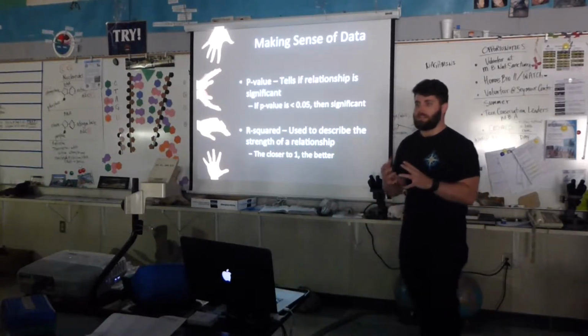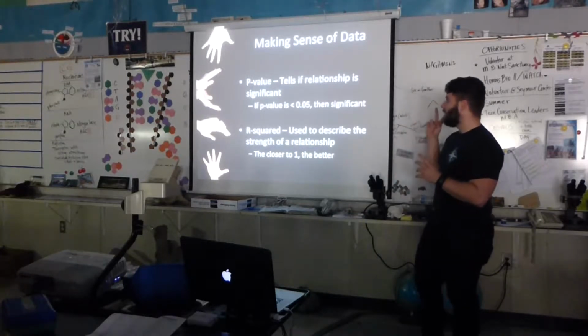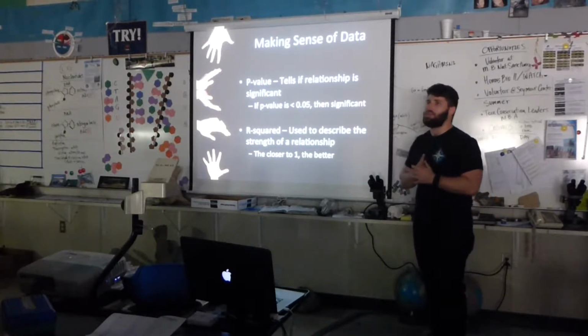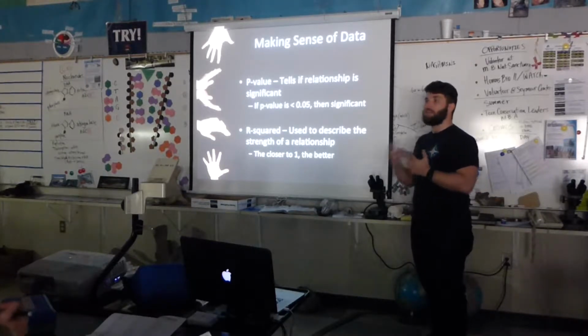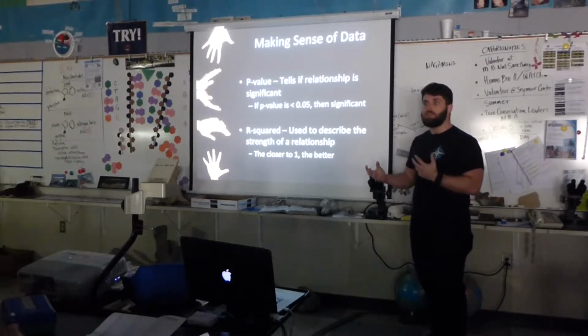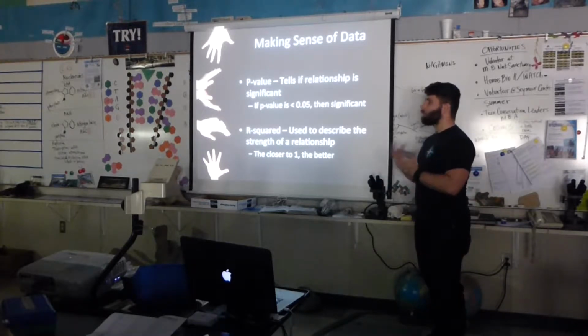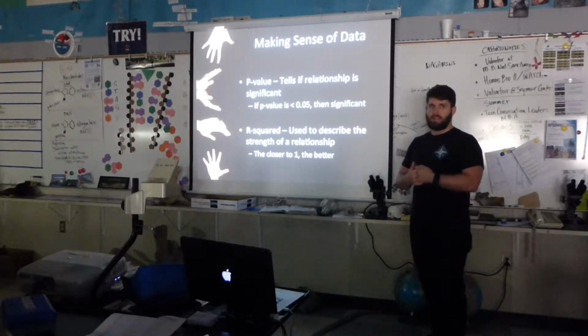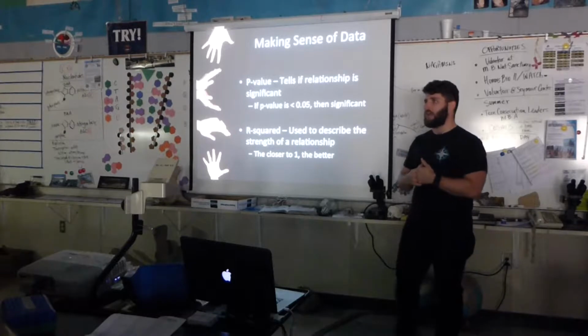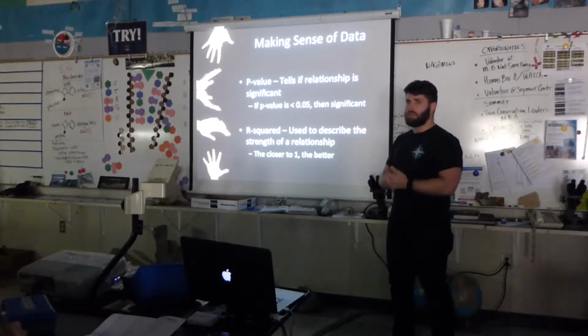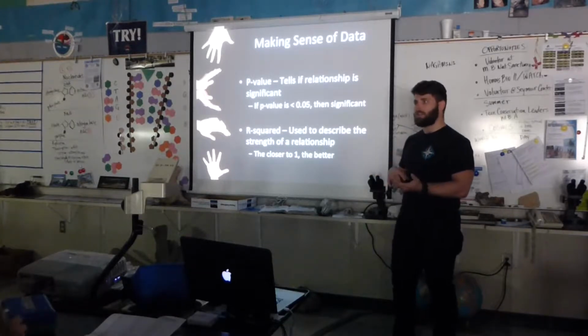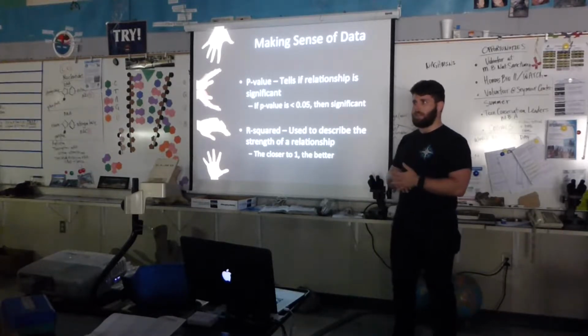All right, so making sense of data. There are two things that you'll see a lot that are really good statistical indicators or values that describe your data. The first one is the p-value, and that's the one that tells you if something's significant. So if you're looking at fish length and weight, is that relationship significant?